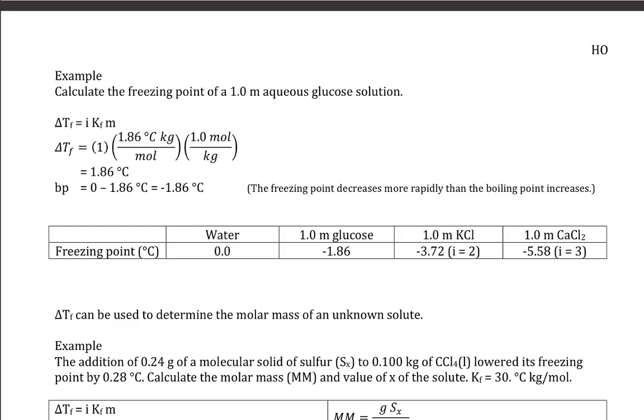If we had instead had 1 molal KCl, we end up with the equivalent of 2 molal particles, and so the freezing point depression is even greater, 3.72, due to I being 2. And it's lowered even more if we have calcium chloride because of I being 3 there.